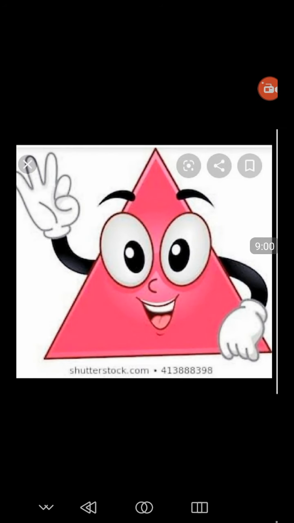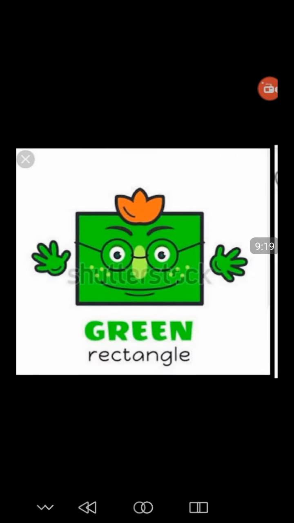This is a triangle. How can you tell? It only has 3 sides that join to make 3 points. It is a triangle. This is a rectangle. How can you tell? It has 2 short sides and it has 2 long sides. It is a rectangle. Okay, students?